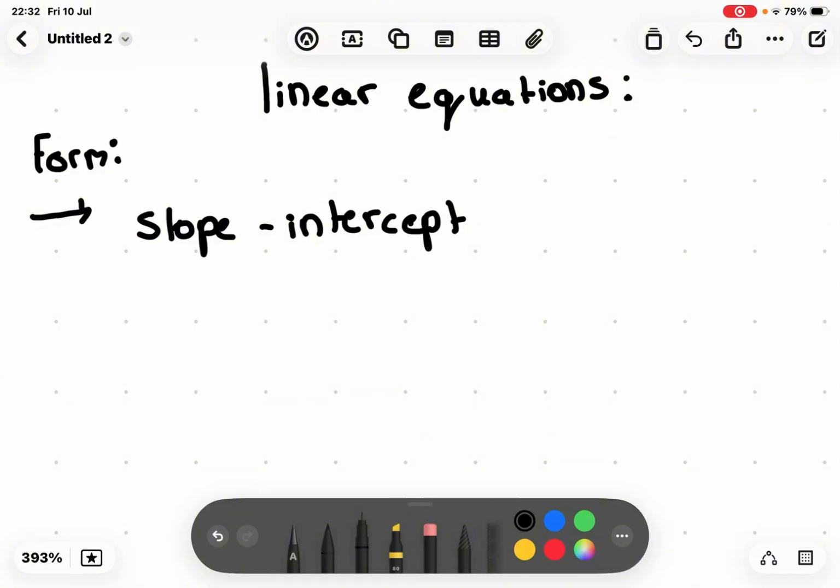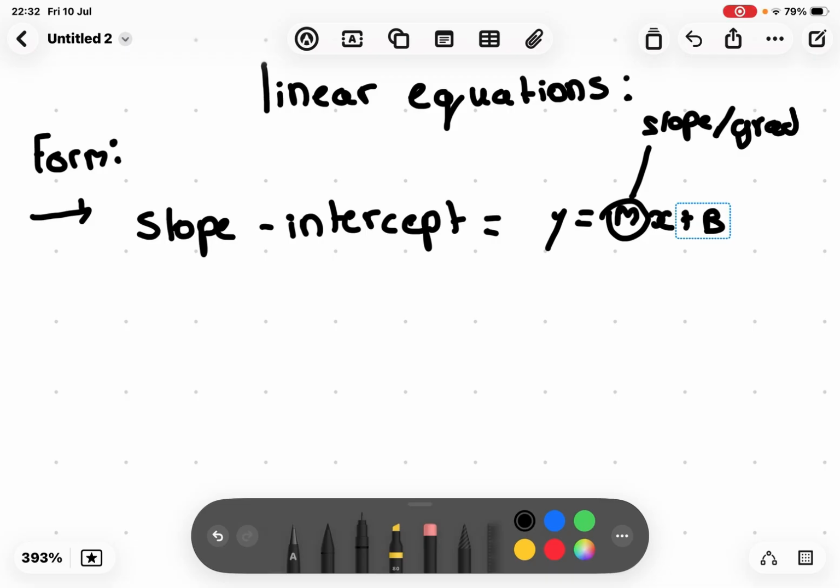The slope intercept form is y equals mx plus b. m represents the slope or the gradient. I'll explain what it is more later on.